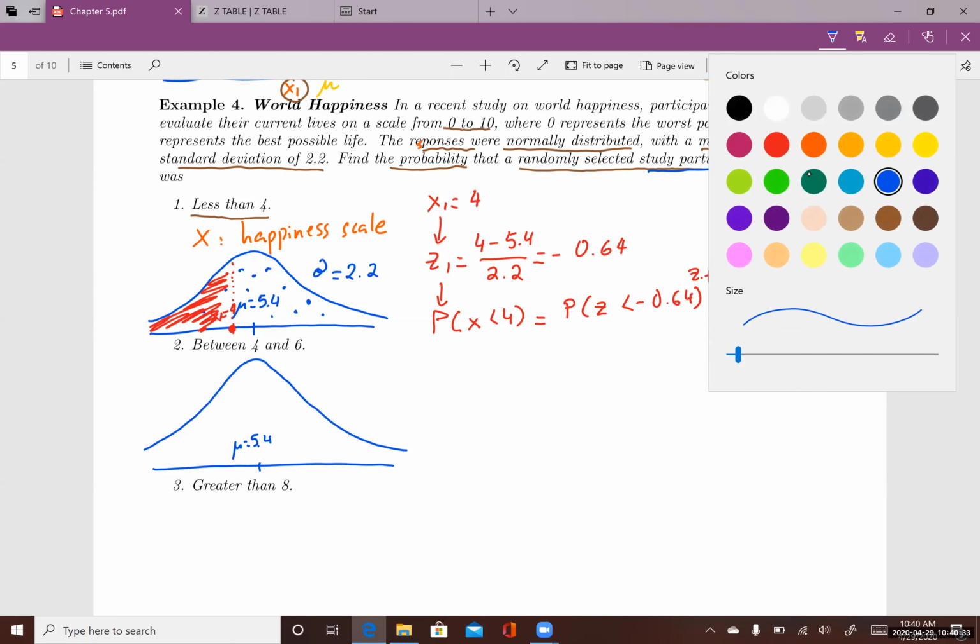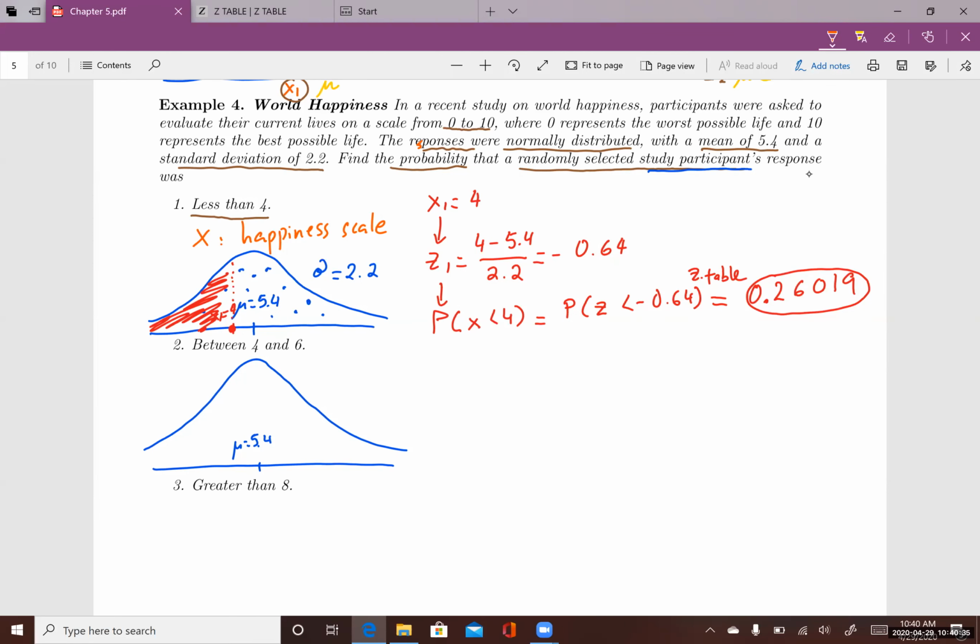And now the values of interest are from 4 to 6, and you want to find the area in between these two values. In order to find the area in between, we take the bigger area to the left, subtract the smaller area to the left.